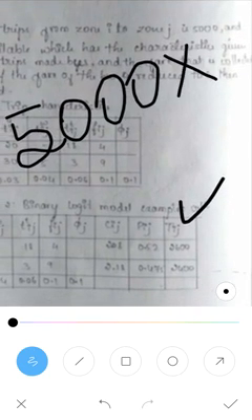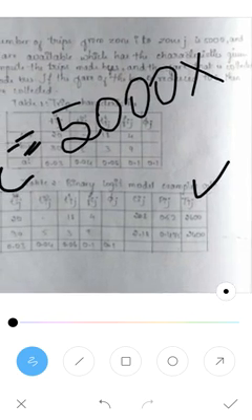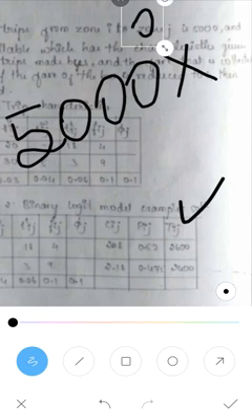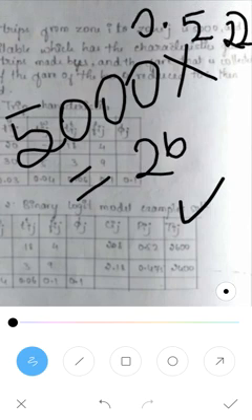Now for the proportion of the trips by the car, I will call it TC, just for my easiness. The probability of choosing the car is 0.52. Multiply this by 5,000, you will get 2,600.